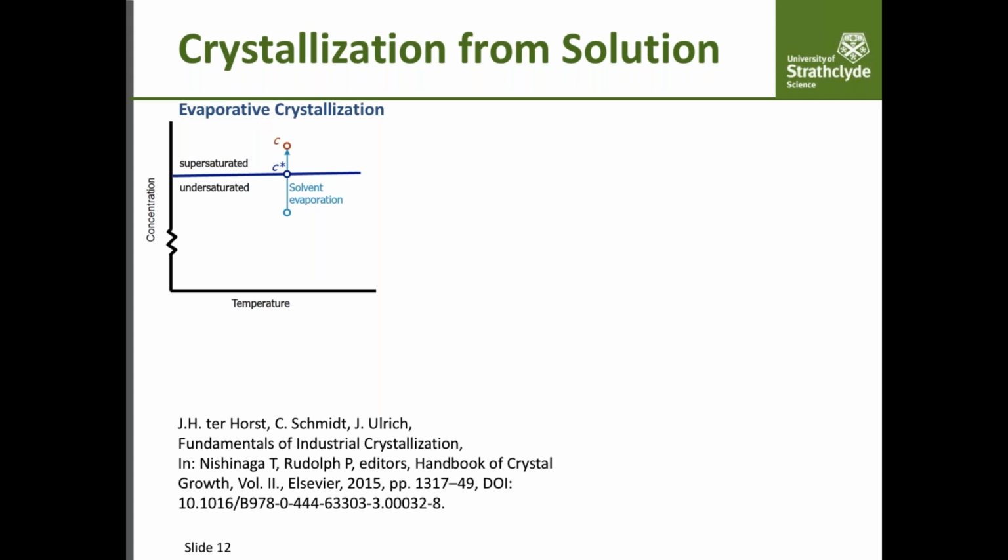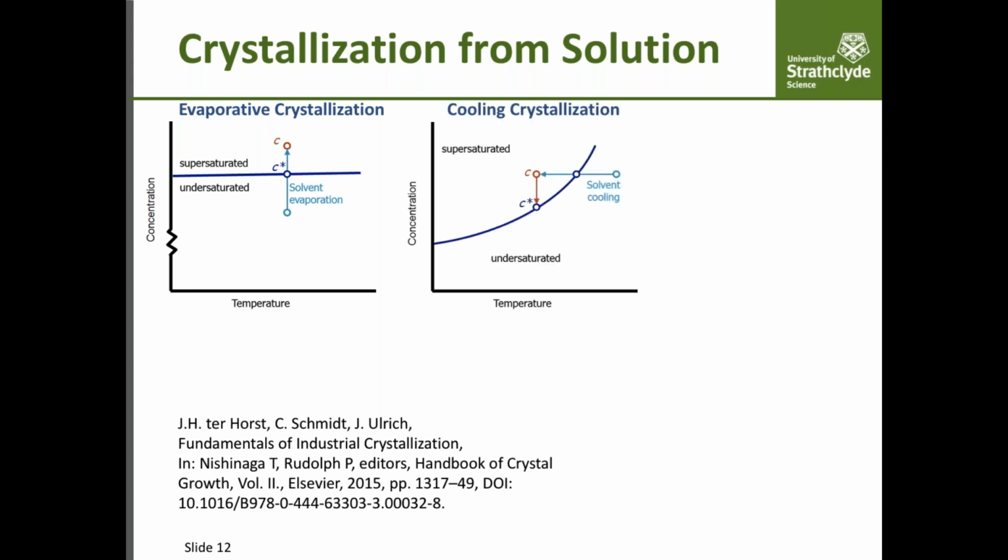You would choose it when you have a relatively low dependence of the solubility on temperature. In the figure of concentration against temperature, the blue line indicates the solubility, which is hardly influenced by temperature. So that is a good parameter to choose evaporative crystallization.